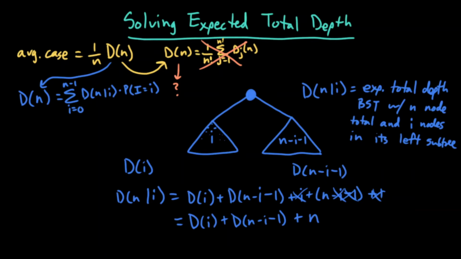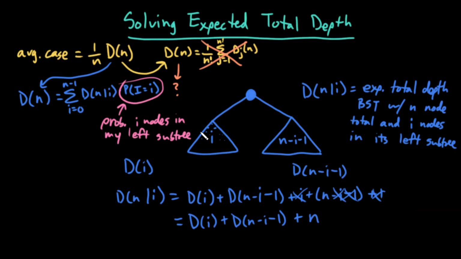Again, I've introduced an unknown term. If I had this term, the probability of having I nodes in my left subtree, I would be able to solve this, which means that I would be able to solve this, which means that I would be able to solve this. So what is this term? Let's reiterate: this is the probability of having I nodes in my left subtree.